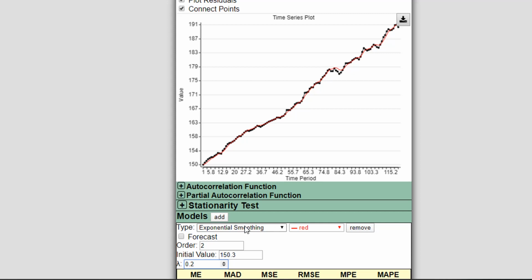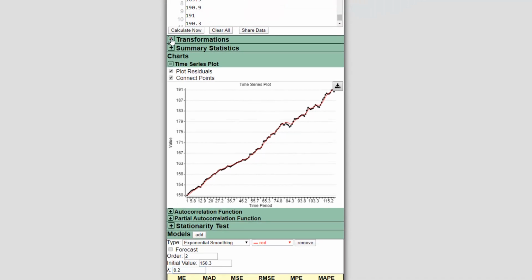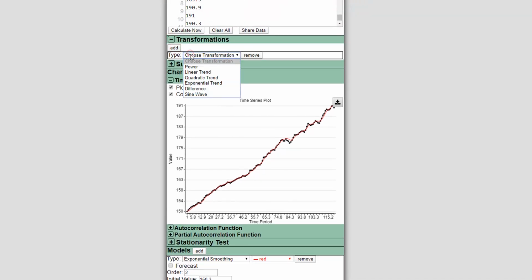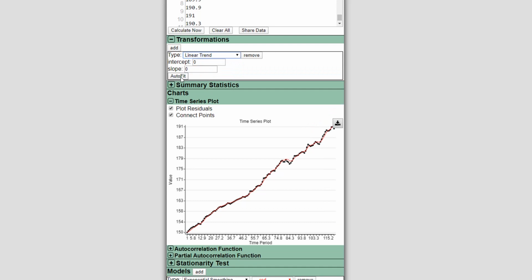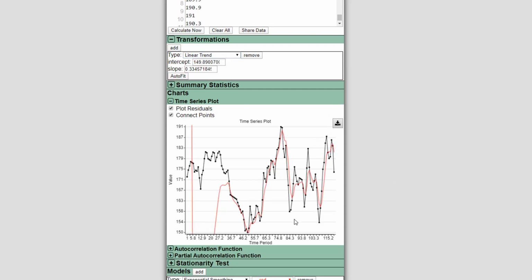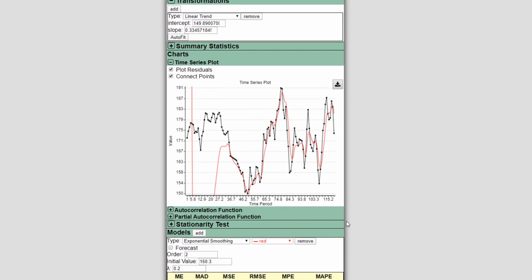Anyhow, it might be curious to see, if we take care of the linear trend, what the results are. You can see how things are a little bit wacky. The reason is my initial value has to be set; I think I want the initial value to be closer to 0.